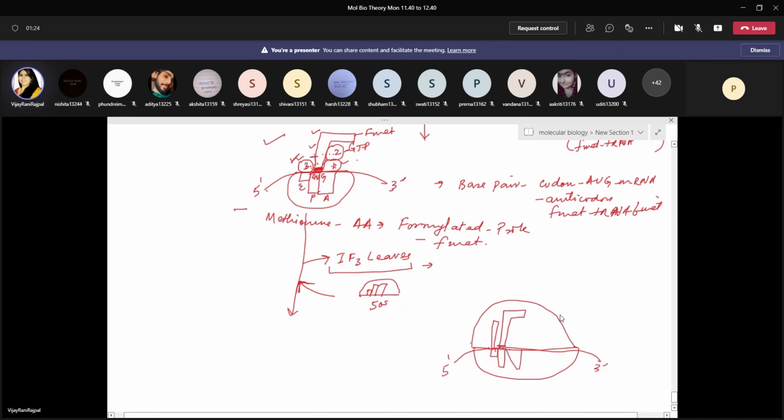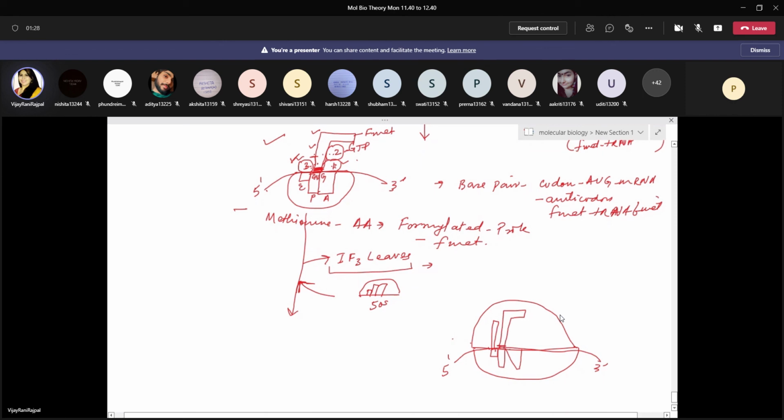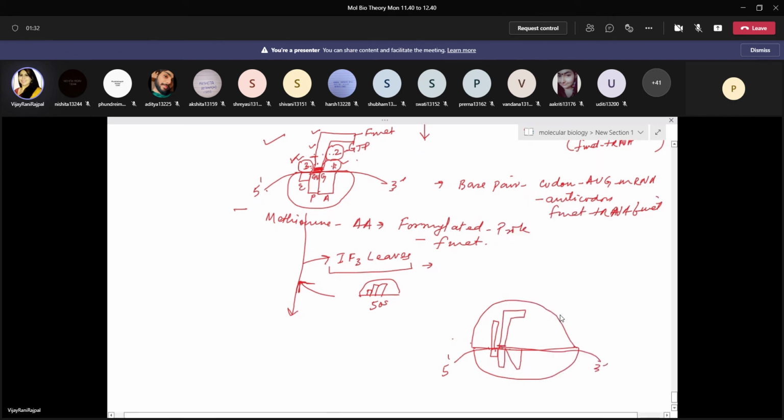They are base paired, 1, 2, 3, three hydrogen bonds, because the codon is a triplet. And here on the A site you have number 1 attached, and to this you have number 2 attached with a GTP molecule.